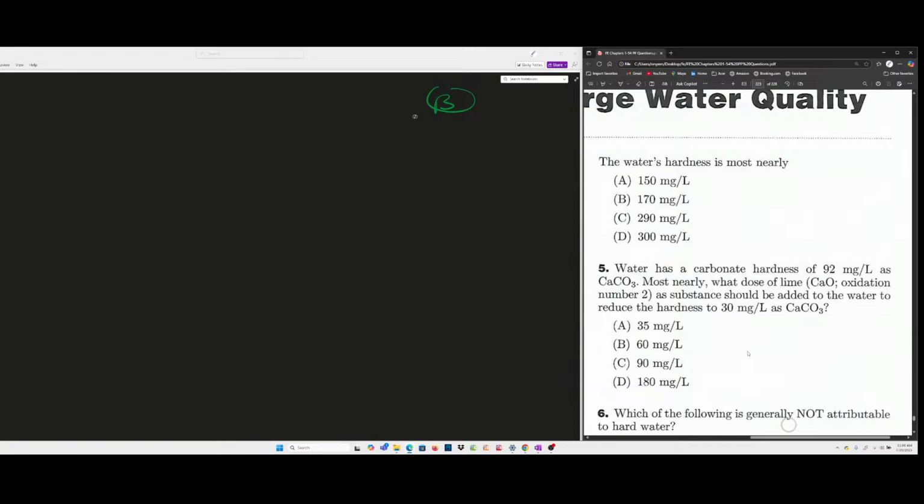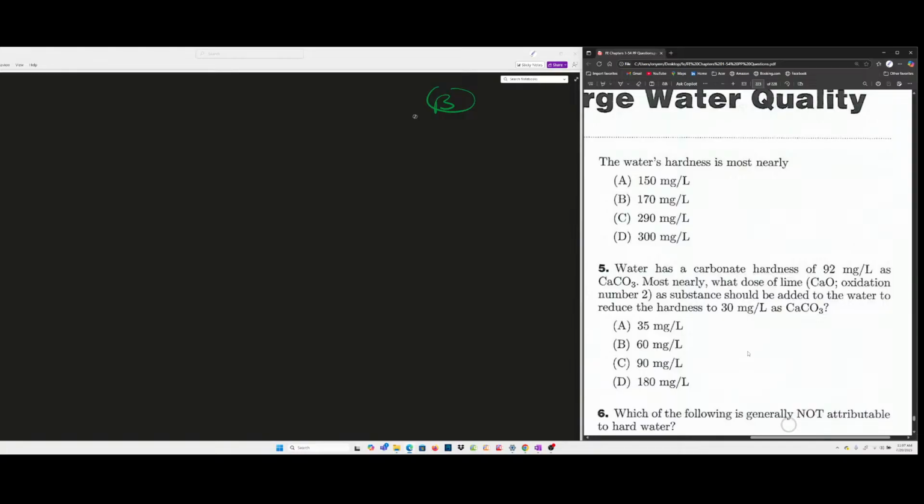So we're going to use the equivalent weight formula here, and use that to relate to the concentration. But unlike most equations, we don't have the concentration of lime in this, so we have to find it.